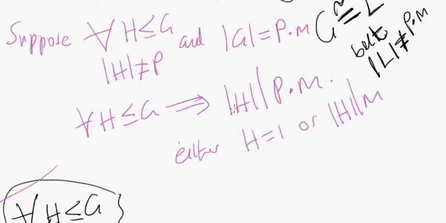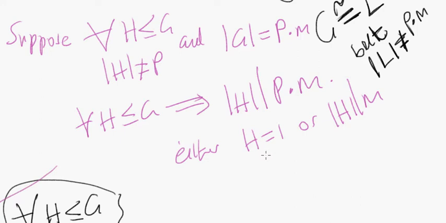The identity subgroup is really going to have this property: its order is not going to equal P. Actually, does it even matter? Why are we using the either or? If H equals the identity, doesn't the order of H still divide M?